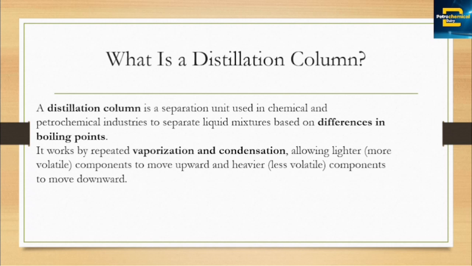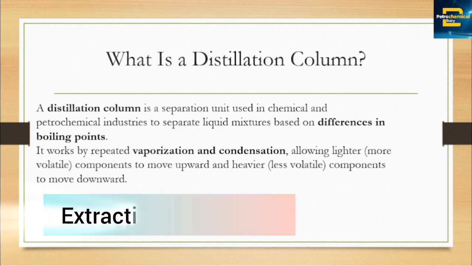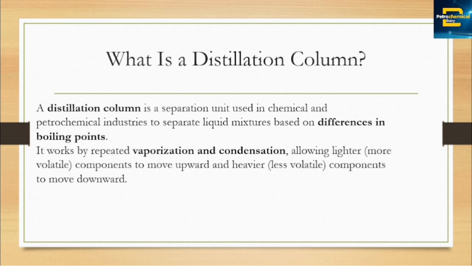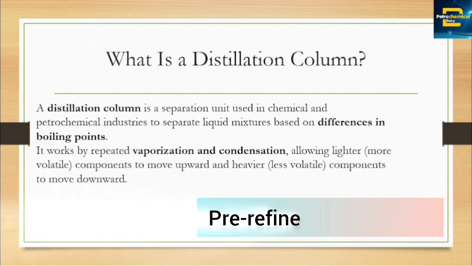Remember, the crude oil is extracted, and the extraction means that the oil well, or reservoir well, is prepared. Once it is prepared, the oil is extracted. Once the oil is extracted, there's what we call pre-refinery or pre-treatment.